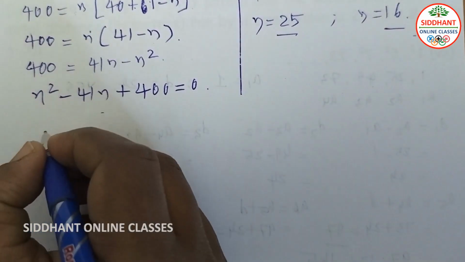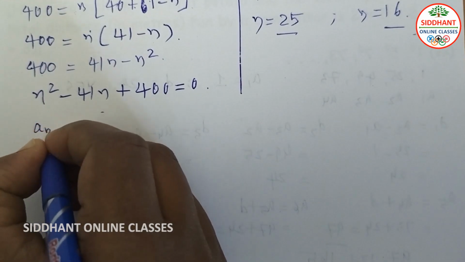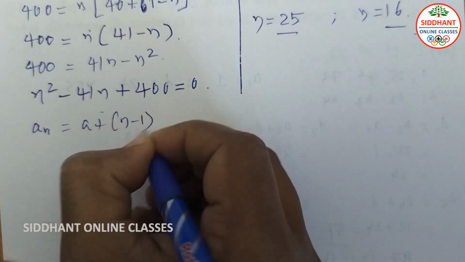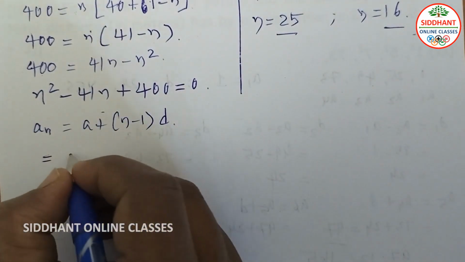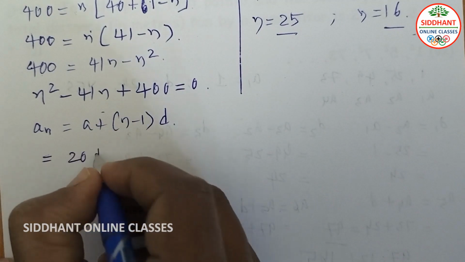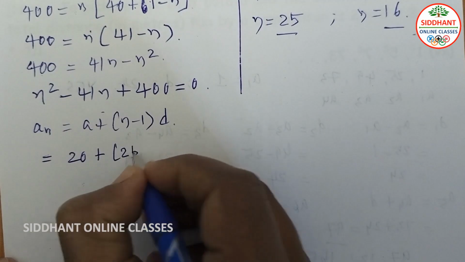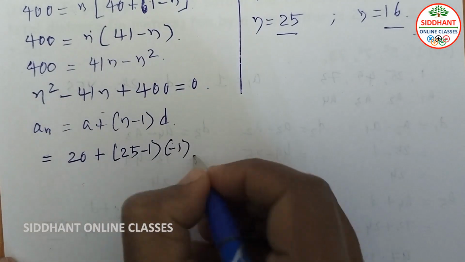So an equal to a plus (n minus 1)d, that equal to a, which is 20, plus, if n is 25, 25 minus 1, and d we know is minus 1.